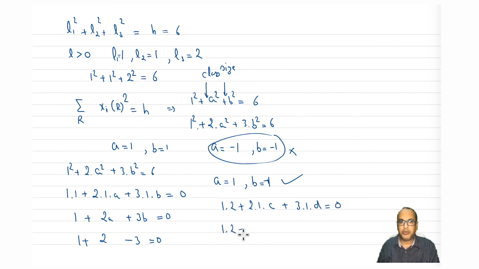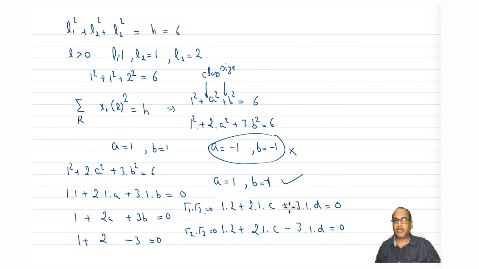Then 1 into 2 plus 2 into 1 into C minus 3 into 1 into D equal to 0. So here I have exploited tau 1 dot tau 3, and here I have exploited tau 2 dot tau 3 equal to 0, right? So now we have two equations, two variables. You can easily solve it, and you can see that C will come out to be minus 1 and D will come out to be 0 for this.